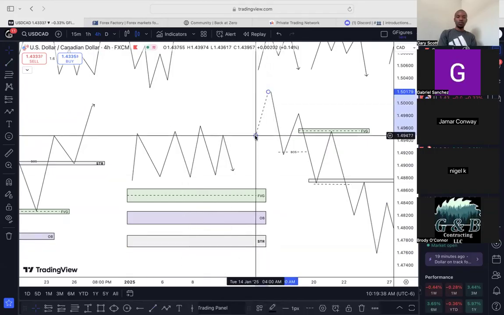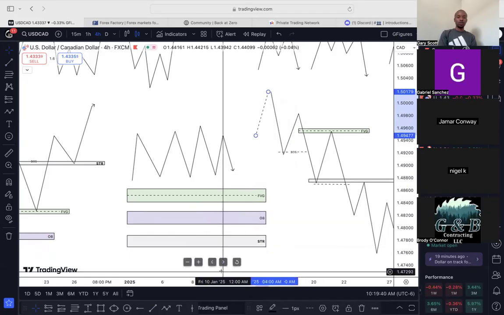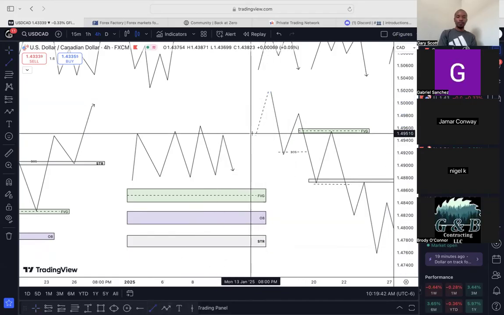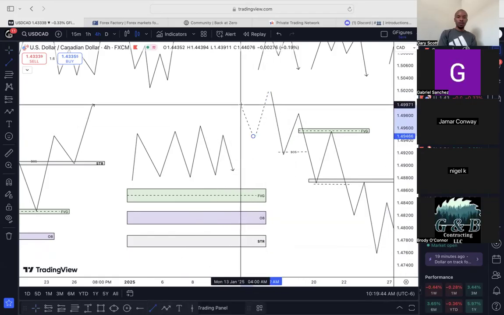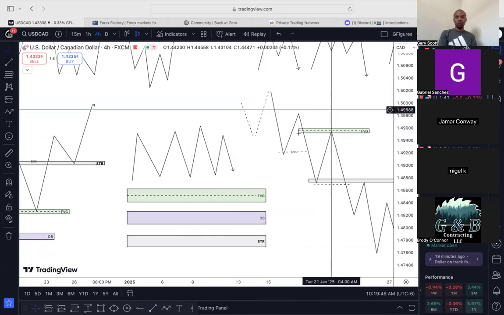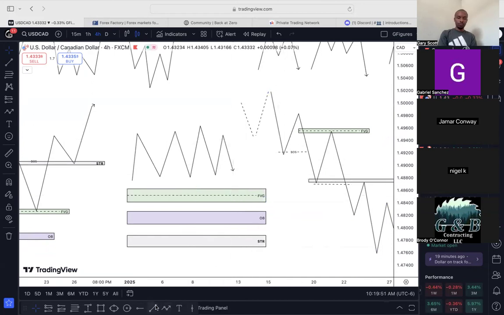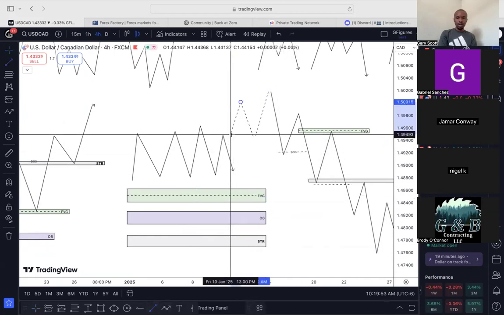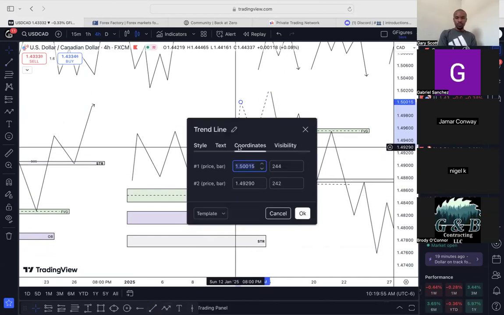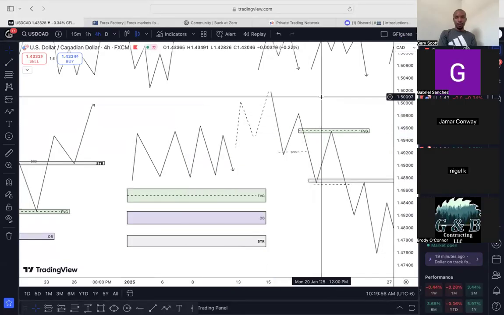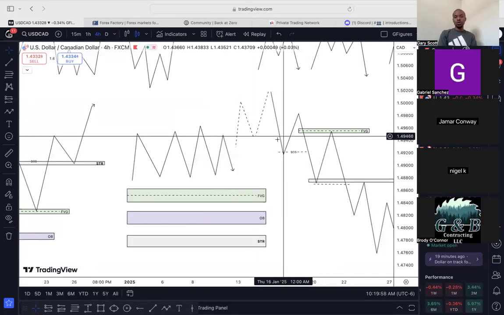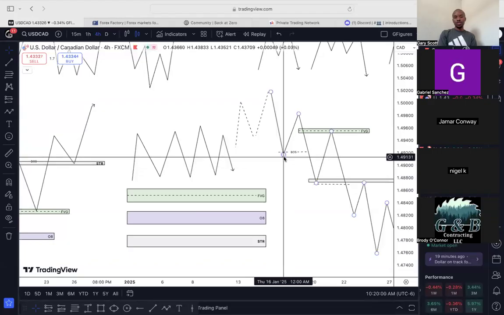A higher low. It has to take out a higher low. Price transitions, takes out this higher low. I'll put this line right here just for educational purposes. And then price takes out that higher low. Then what happens? Price creates the new low.